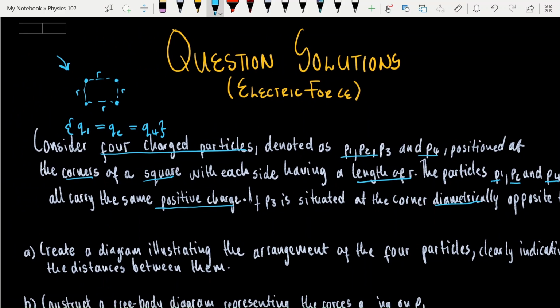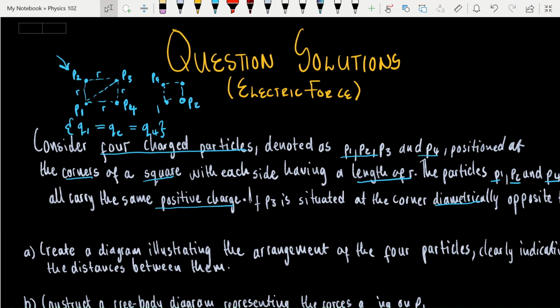Now, P3 is situated at the corner diametrically opposite to P1. So P3 and P1 are diagonally separated like that. So if I put P1 here, my P3 will be in that corner. Wherever I put the rest does not matter, because now I'm left with P2 and P4. I could put it like this, or I have my square again, and I could say P4 up here, P2 down here.